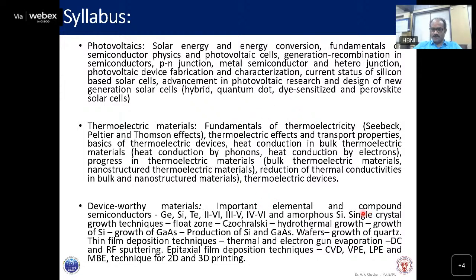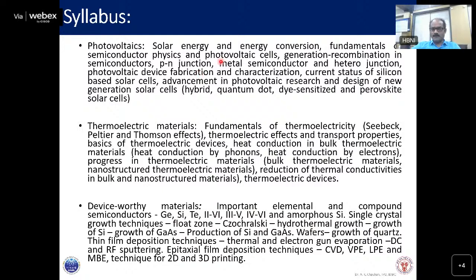As far as the course is concerned, this part has device-worthy materials: important elemental and compound semiconductors, germanium, silicon, tellurium, II-VI, III-V, IV-VI, and amorphous silicon. Then single crystal growth techniques, Bridgman, Czochralski, hydrothermal growth, and we will see how the wafers are prepared. Crystal growth of quartz material, thin film deposition techniques, we will see those parts.